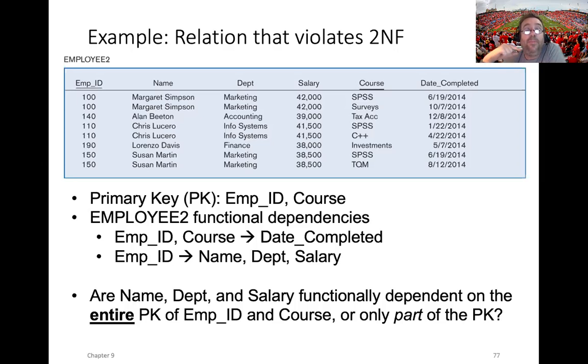Is emp_id the whole primary key or only part of the primary key? Well, emp_id is only part of the primary key. It's not the whole primary key. Emp_id is only part of emp_id and course. So here we have an example of a partial dependency. Emp_id is only part of the primary key, and it needs to be whole.